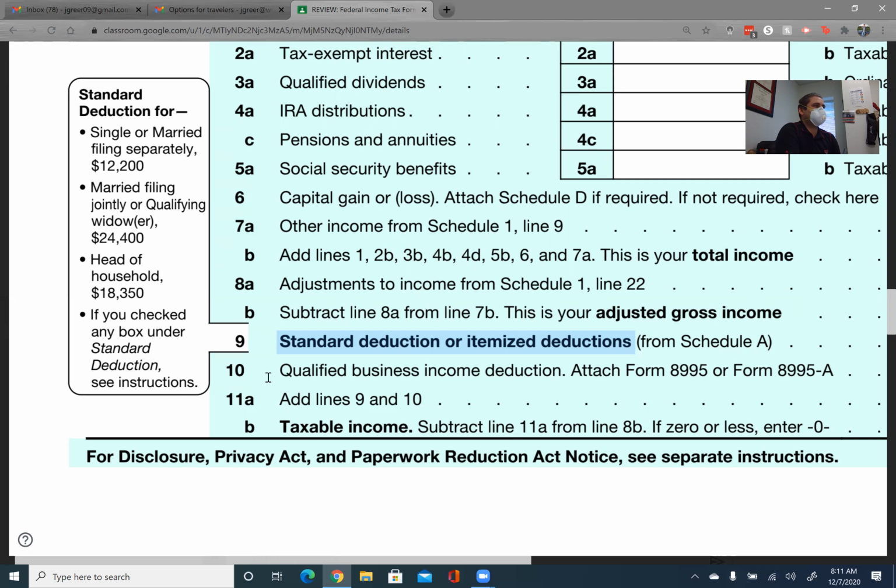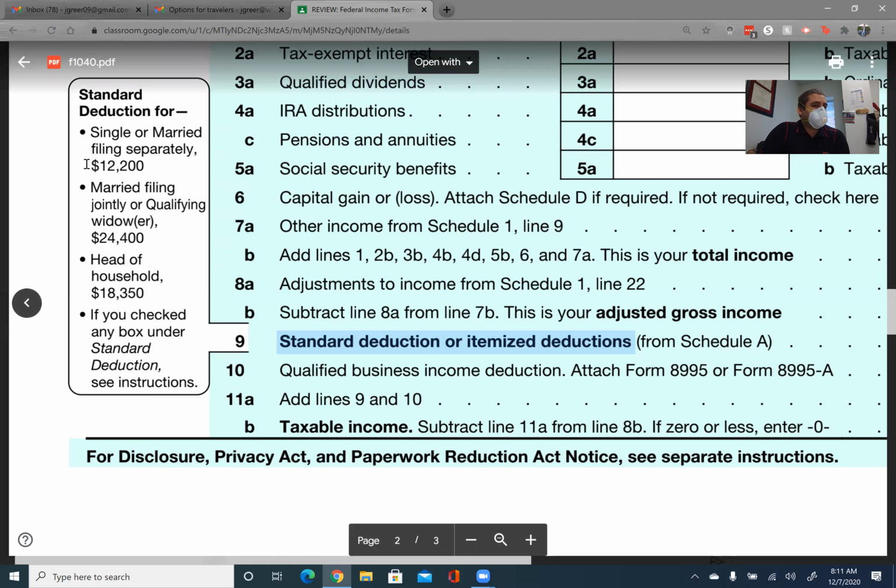Most people use single, married filing jointly, or married filing separately. Sometimes people will do that. But single or married filing jointly are by far the most common ways. Okay. So you don't have to do anything here and you get the 12,000 or the 24,000.